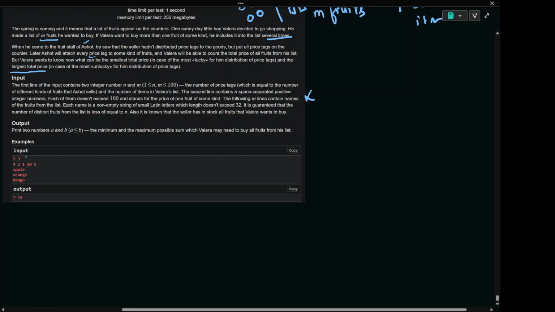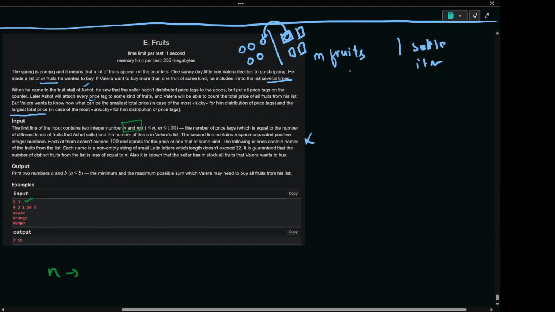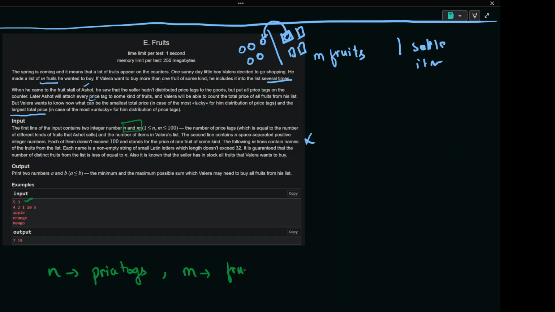Input is nothing but we have 5 and 3. N and m are the number of price tags and fruits. N is the number of price tags, and m is the number of fruits.